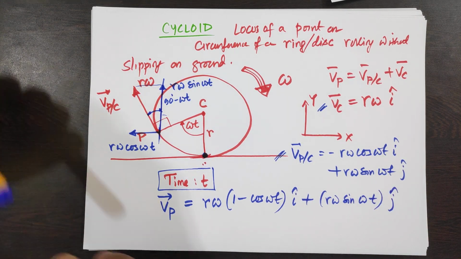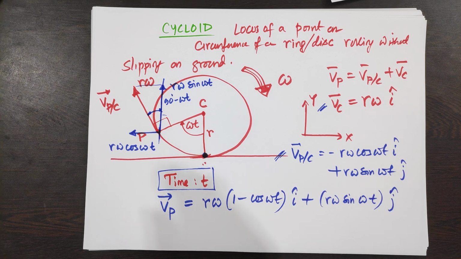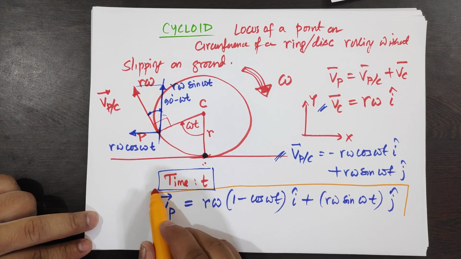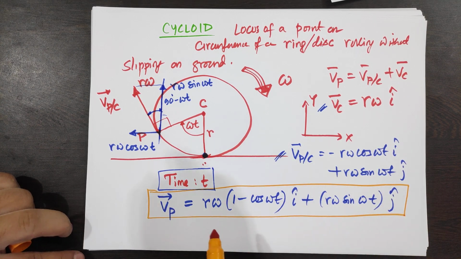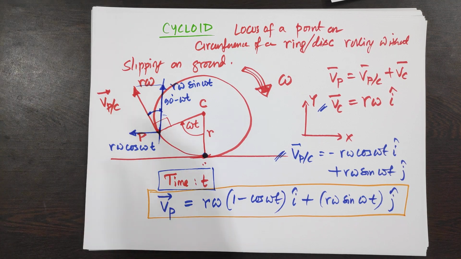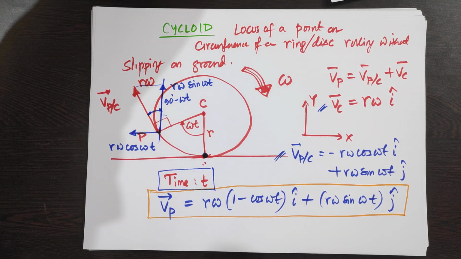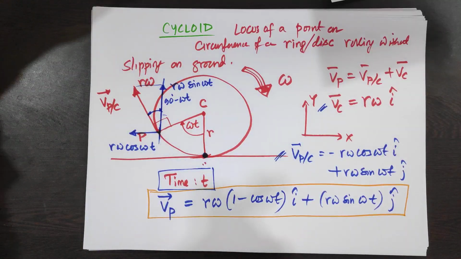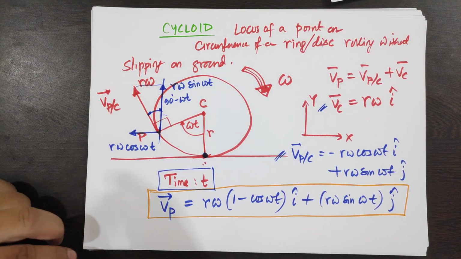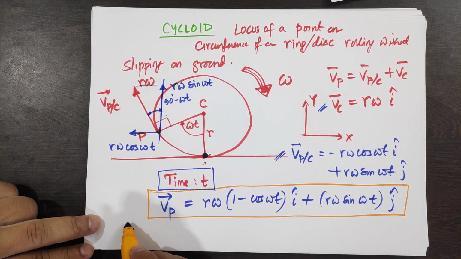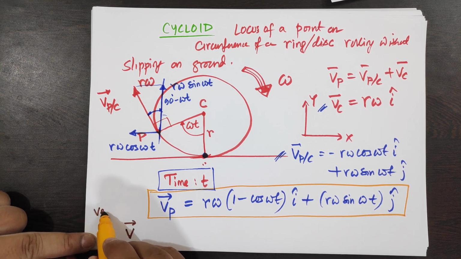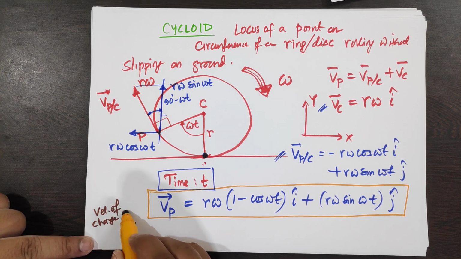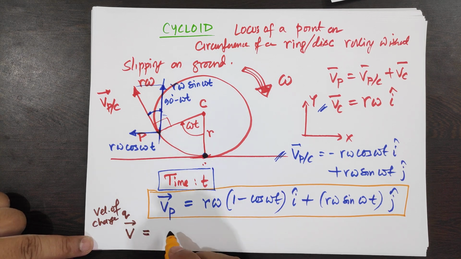Now if you consider this equation, this is the velocity of point P on the cycloid, and if you recall what we have got in this page, just Vx and Vy, we'll write that below here, and we'll combine the velocity of the charge q, v equal to Vx i cap plus Vy j cap.